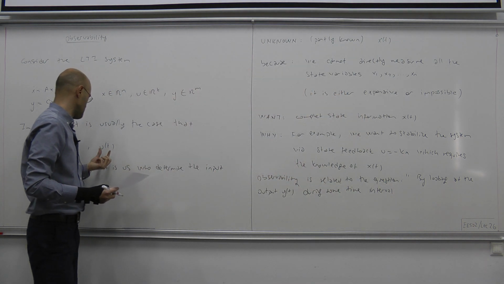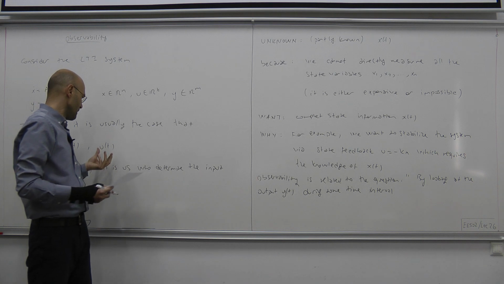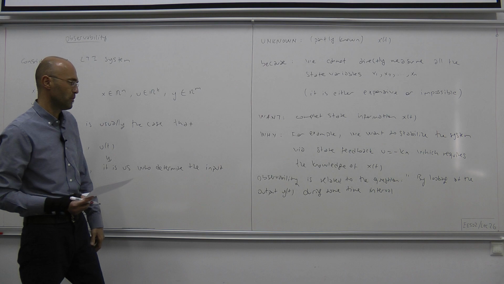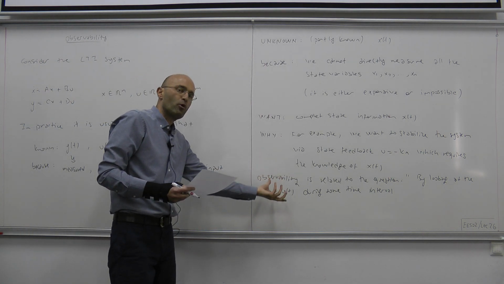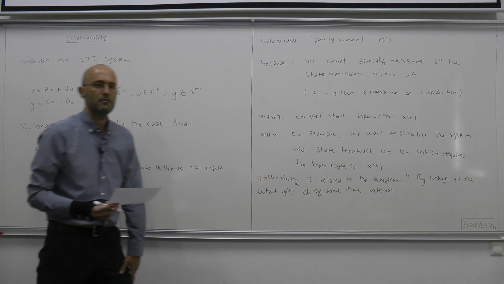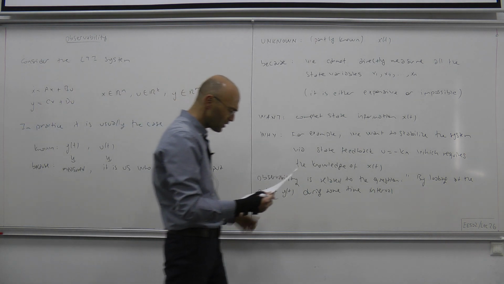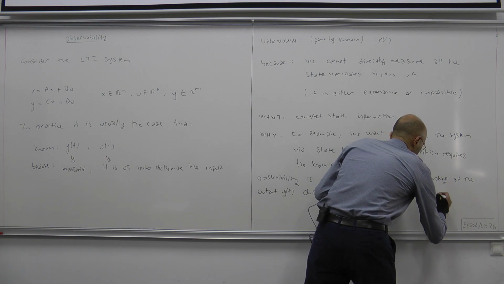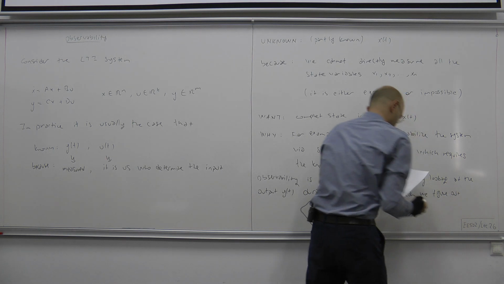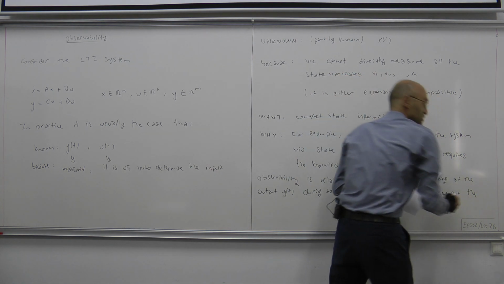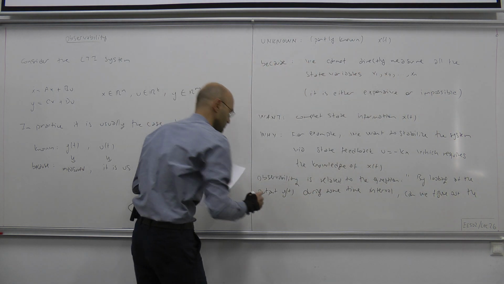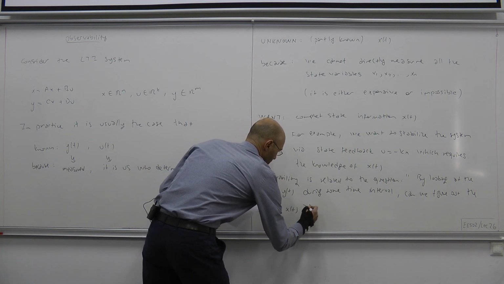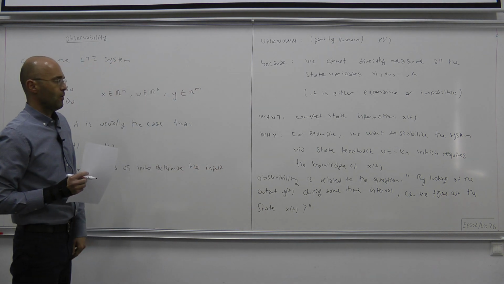Well, we are also using this piece of information, u of t. We don't have to observe it because it's us who's applying it to the system, so it's already known. So by looking at y of t, or to be more precise, you can say by looking at the output y of t and input u of t during some interval, can we figure out the state of the system, x of t.